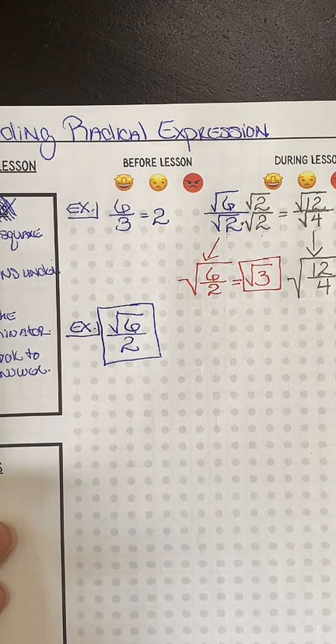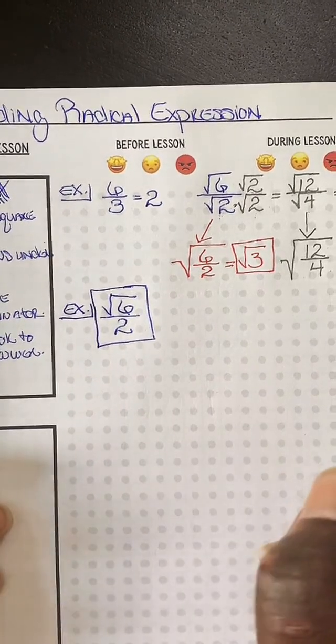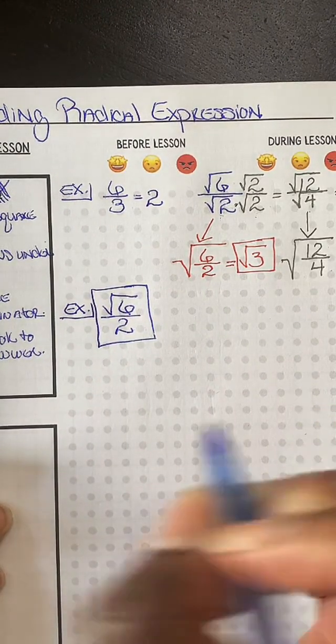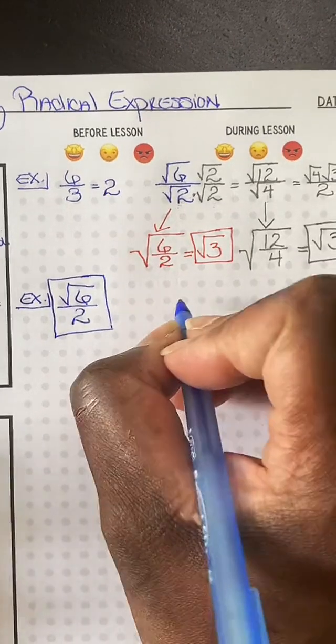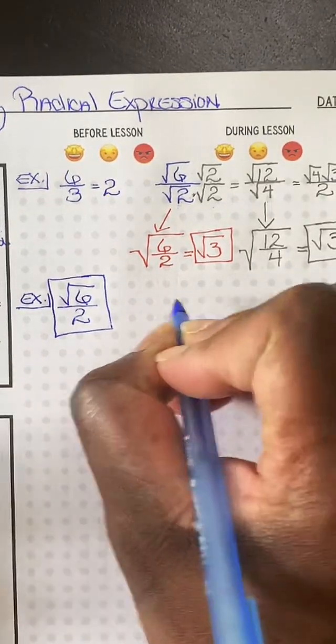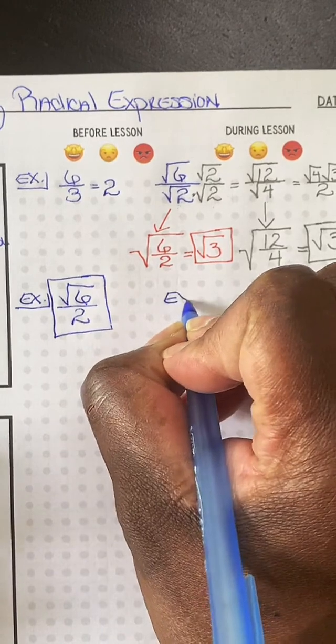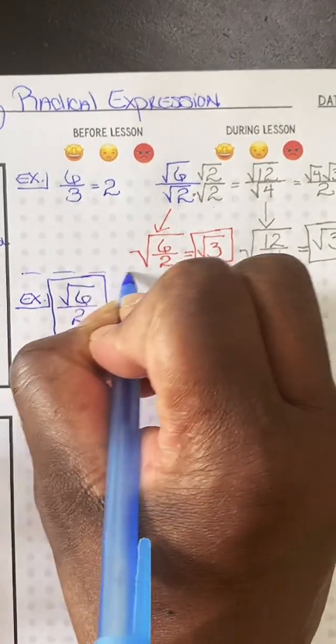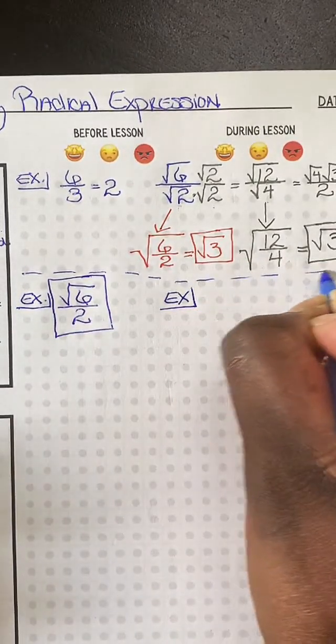All right, so now I'm going to do one more like this. I'll put it right here. We're going to get our example on. I'm going to separate a little bit, just give us some room.